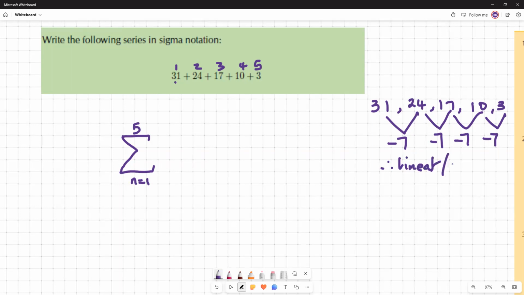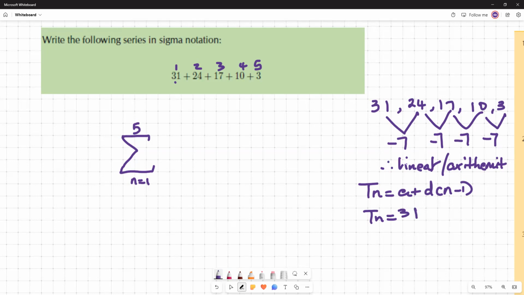Sometimes you need to know that it's called an arithmetic pattern, which is going to basically be, therefore, Tn equals a plus d(n minus 1). Remember we said a is the first term, so the first term is 31.